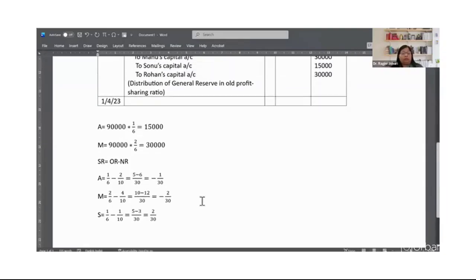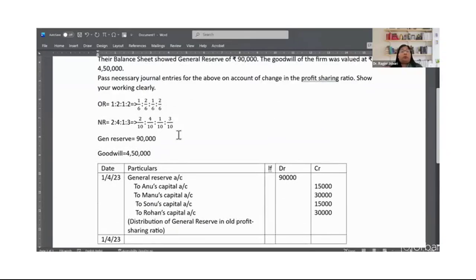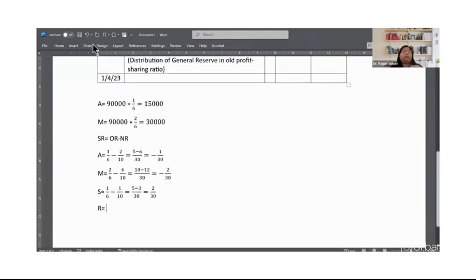Now let's talk about the fourth partner. In case of the fourth partner, 2 upon 6 and 3 upon 10. 2 upon 6 minus 3 upon 10, and 6 5s are 30, 5 2s are 10, minus 10 3s are 30, 3 3s are 6.